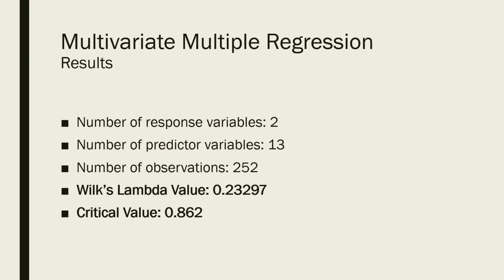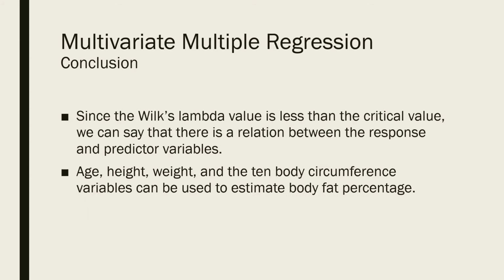We had 13 predictor variables and 252 observations, and the Wilks lambda value ended up being about 0.23, and the critical value was about 0.86. So the lambda value is much lower than the critical value. Since the Wilks lambda value is less than the critical value, then we can say that there is a relationship between those response variables and the predictor variables.